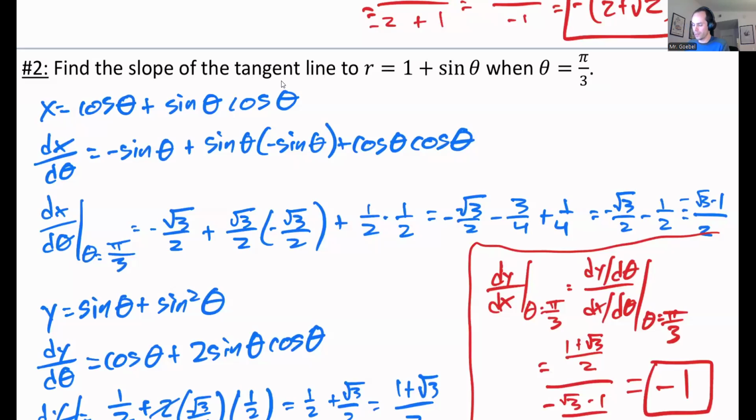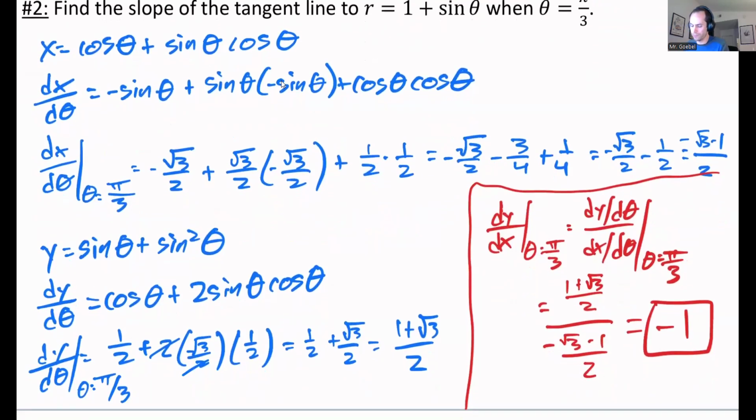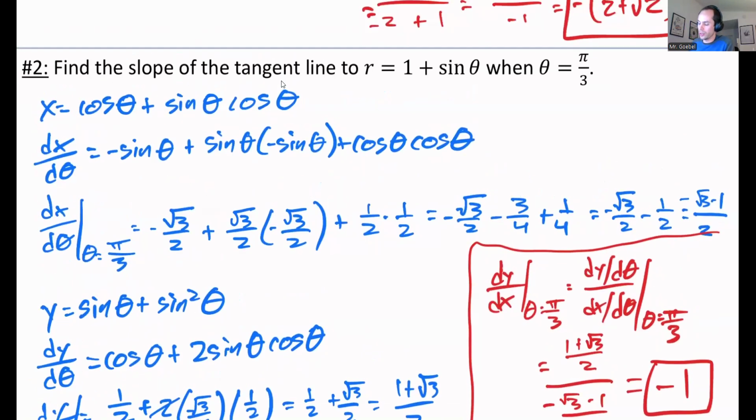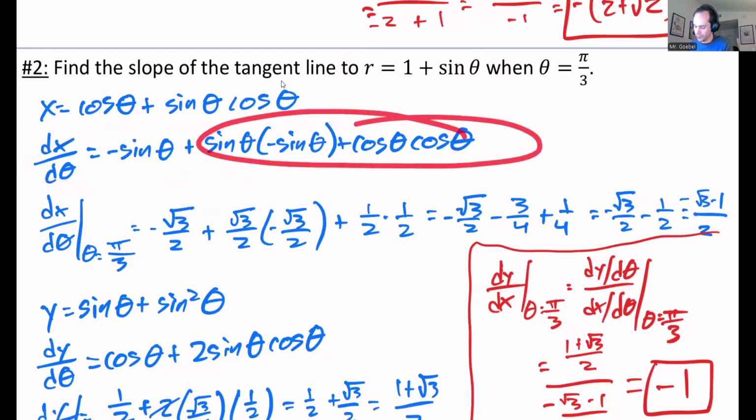All right, welcome back, everybody. Quickly go over this question and we'll be all finished. You can see I calculated x, that's r cosine theta. So literally just the r that they have here multiplied by cosine theta. Distribute the cosine theta to the 1 and to the sine. Then I took its derivative, making sure to use the product rule.